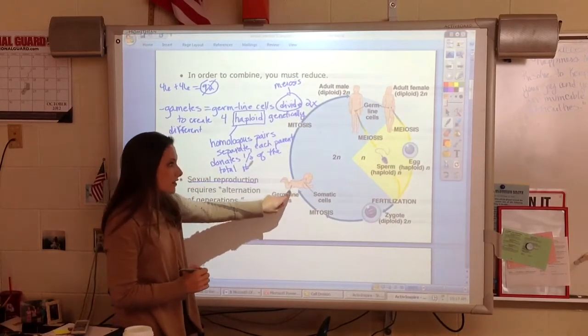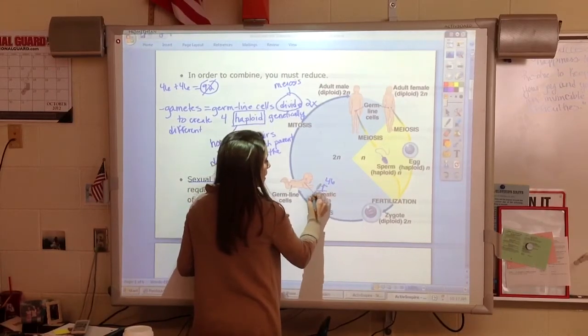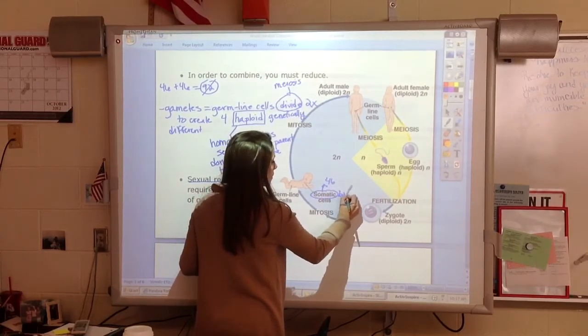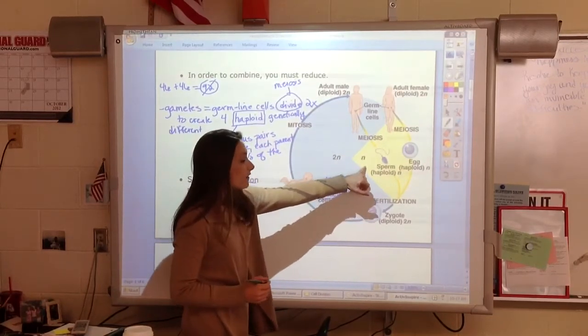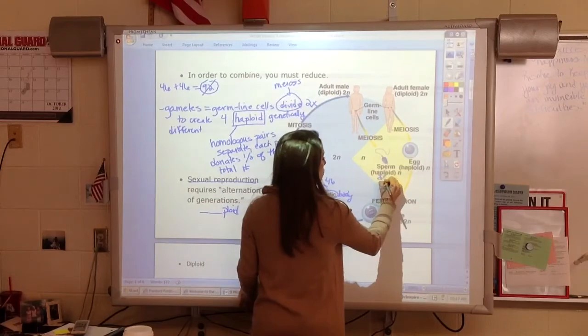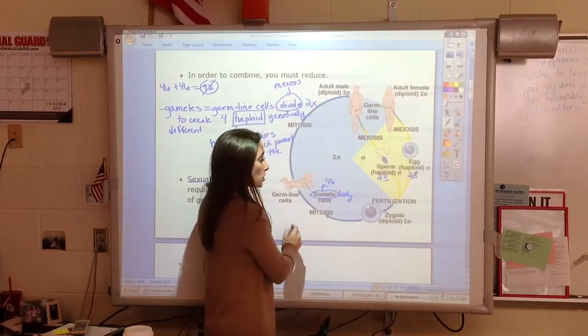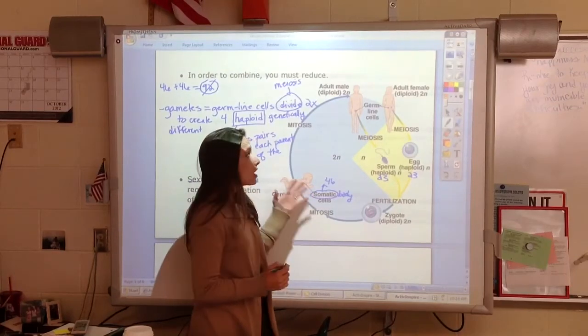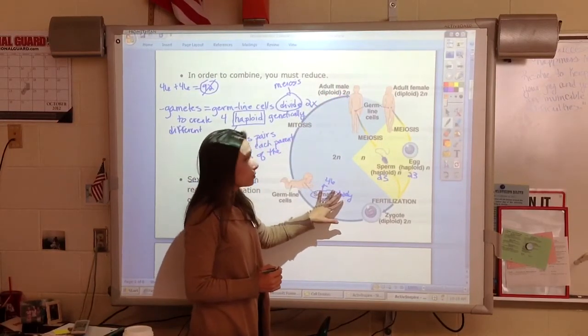So if the offspring will have 46 in a body cell, then I want each parent to donate half of that, which would be 23 in the sperm and 23 in the egg.